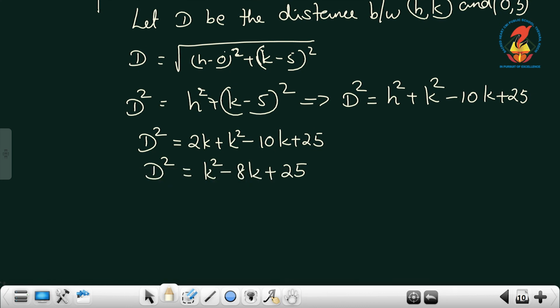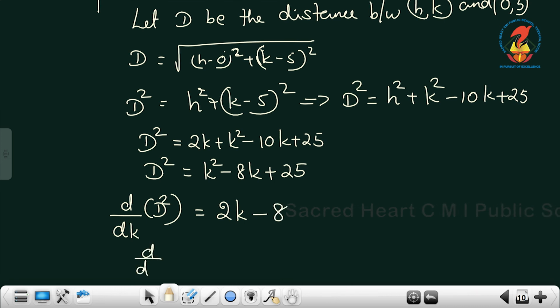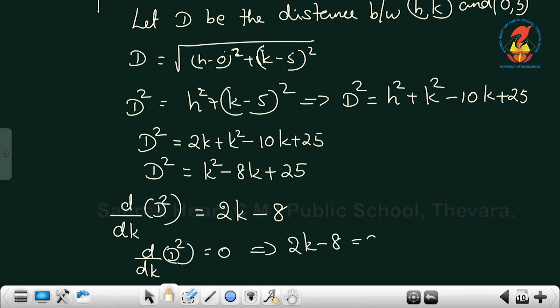Now the next step, we have to find the derivative. Derivative with respect to what? Which is the variable? K. So the derivative of d square is 2k minus 8. Equate to 0, which implies 2k minus 8 is 0, which implies k is equal to 4.